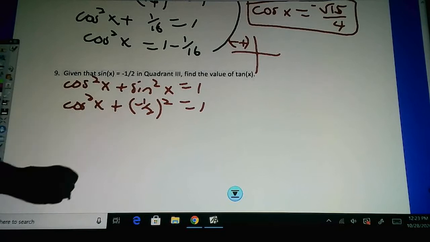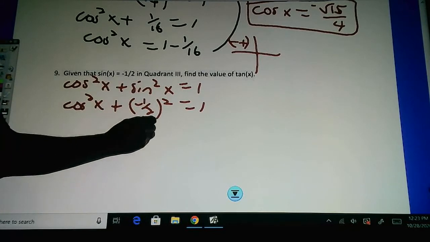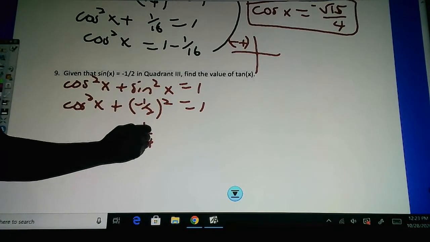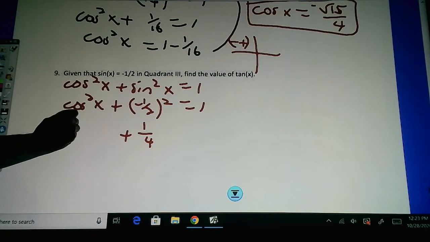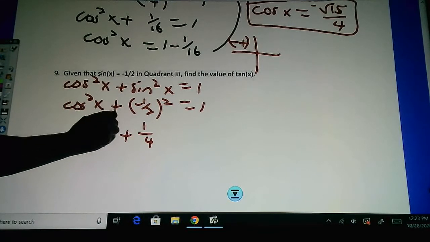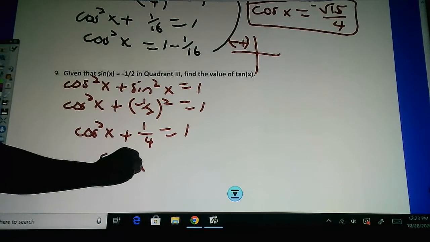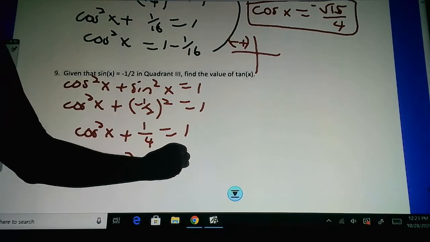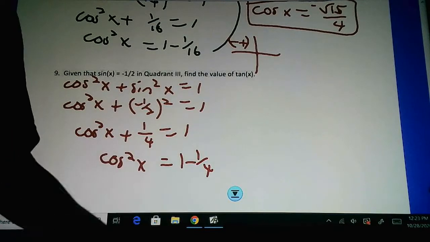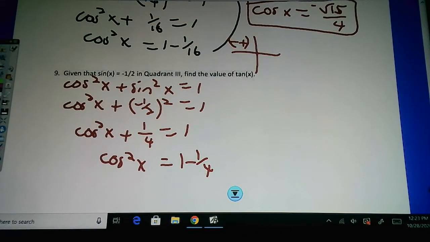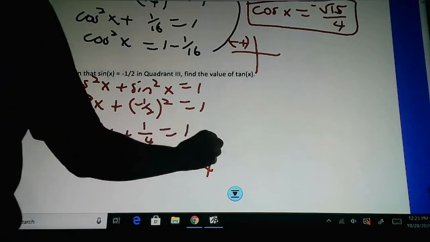All right, so negative 1/2 squared: negative 1 squared is a positive 1, 2 times 2 is 4. The negative squares away. So I'm going to subtract 1/4 from both sides. I have one whole pizza, I ate 1/4 of it, I have 3/4 of it left.